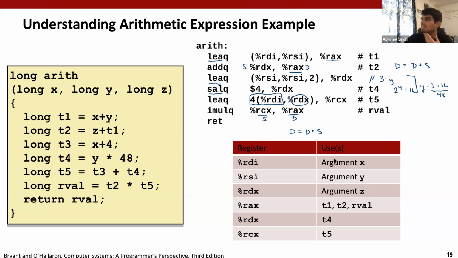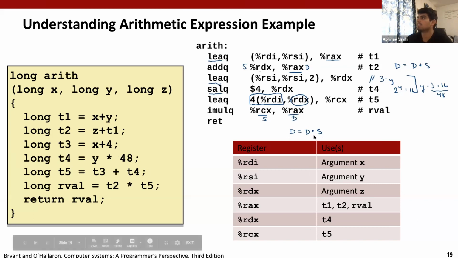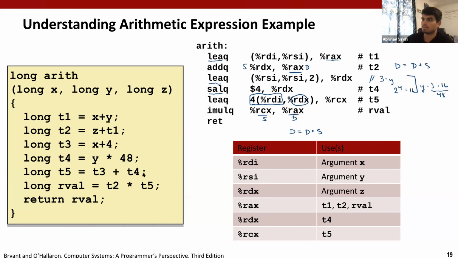Yeah, so RDI contains X, and RDX contains T4. So what we're doing is adding the value in T4, which is what we have here, and to that, we're adding X. And wait, 1 second.